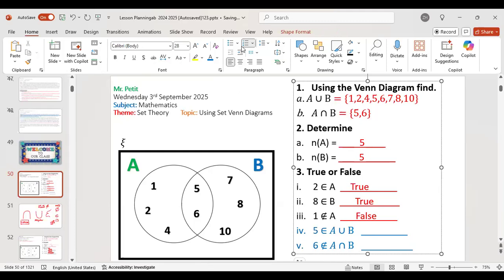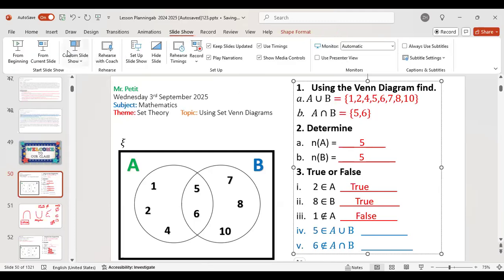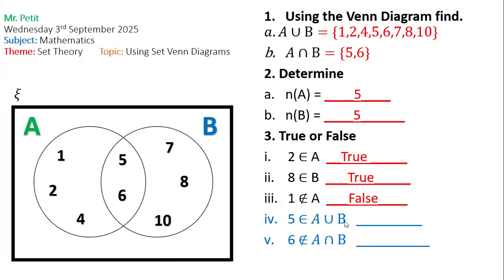Top 10 will be recognized. So this is saying 5, whatever this means, A union B. 6, whatever this means, A intersect B. So put your answers in the chat. That's true and false.